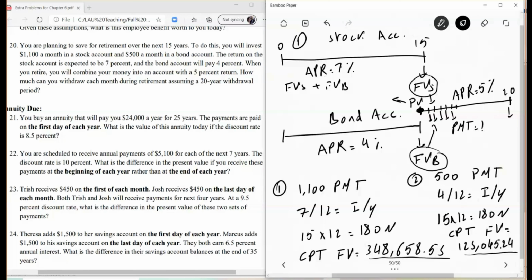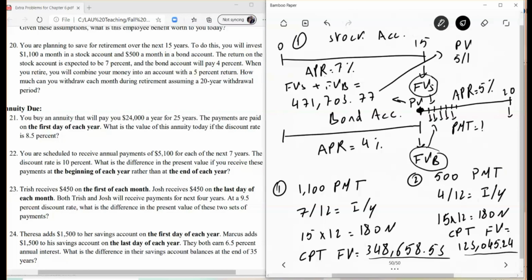I added those two together, and now they represent my present value. So the present value is $471,703.77. I enter this value into my financial calculator as PV.